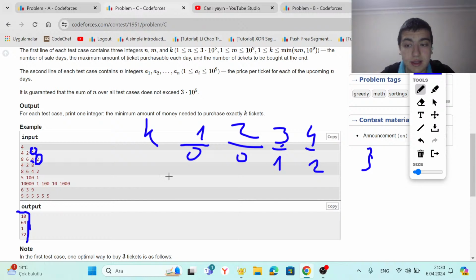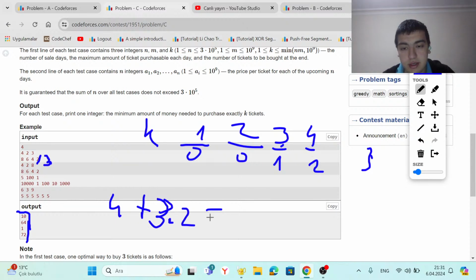Now let's consider the answer. 8, 6, 4, 2. We have bought one ticket from here, and its cost has increased and become 3, and we bought two tickets. So 3 multiplied by 2 equals 6, plus 4 equals 10. And the answer is 10.